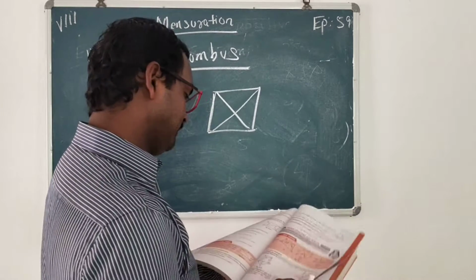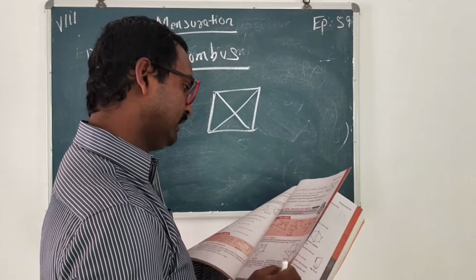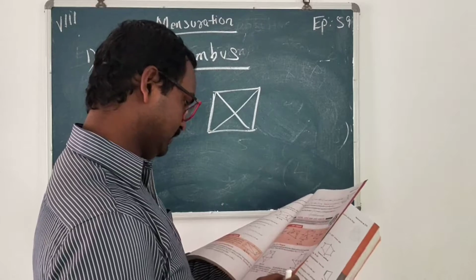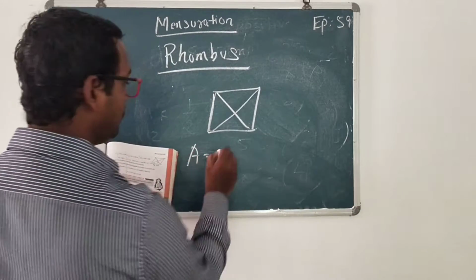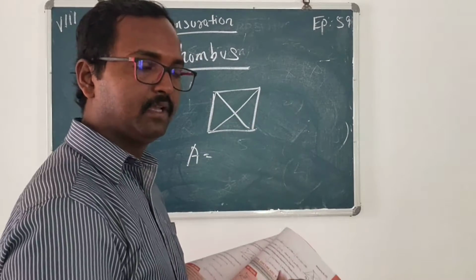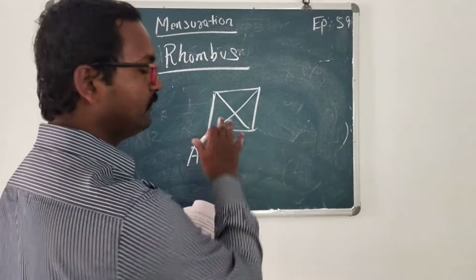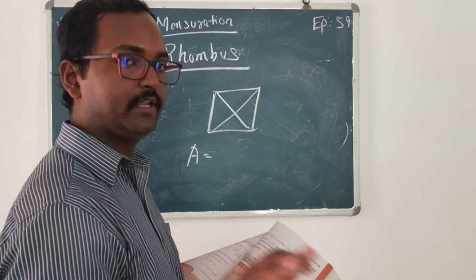Now we have to find the area. Remember one thing: this rhombus is also a parallelogram. Sometimes we can apply the formula of area of parallelogram to the rhombus.